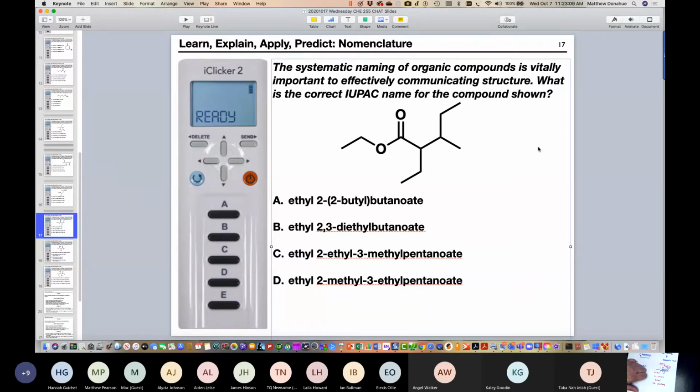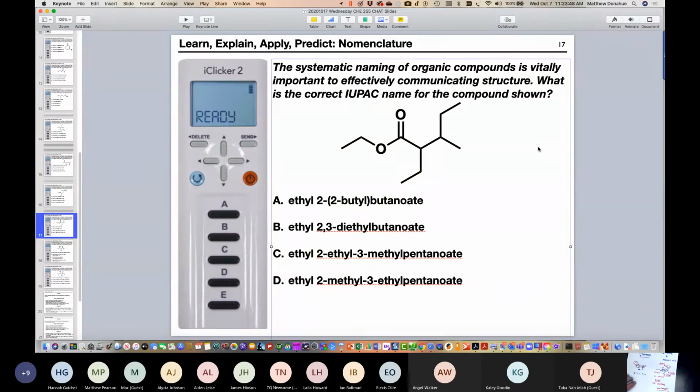So this becomes pentanoate. We do not specify the location of the OATE because it's assumed it's always position 1. So then if we look at these substituents, at the 2 position, we have 2 ethyl, then 3 methyl. So we're going to put all this together.